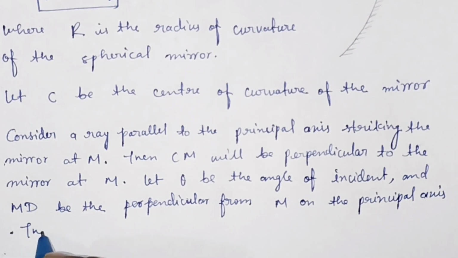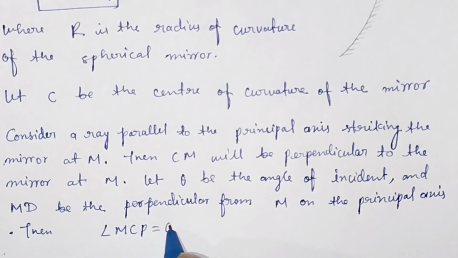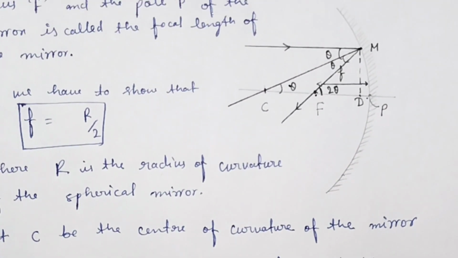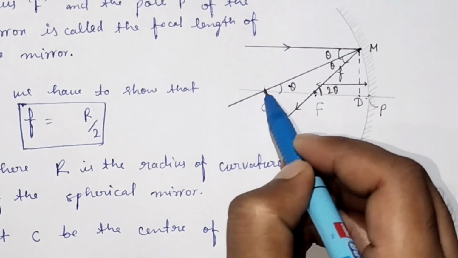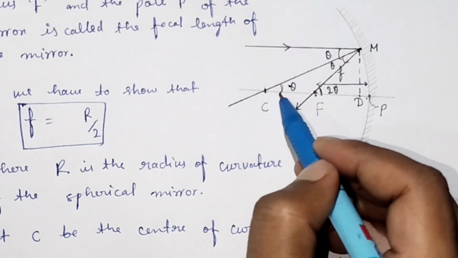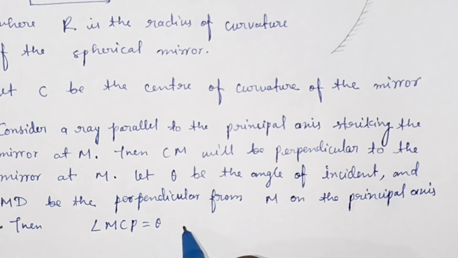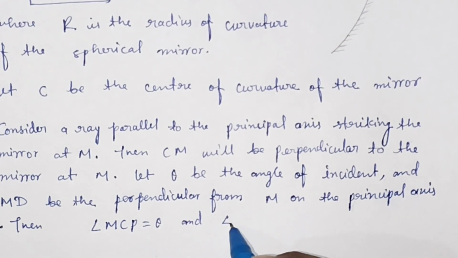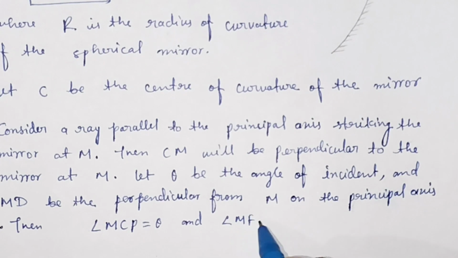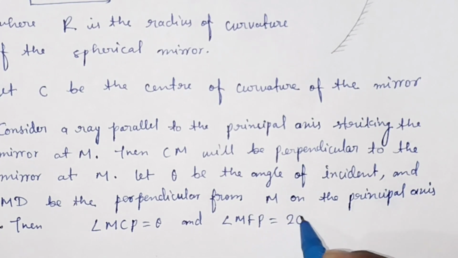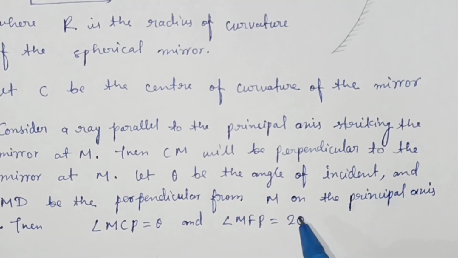Then angle MCP is equal to theta. Angle MCP is theta. Clear? And angle MFP is equal to 2 theta. Clear?